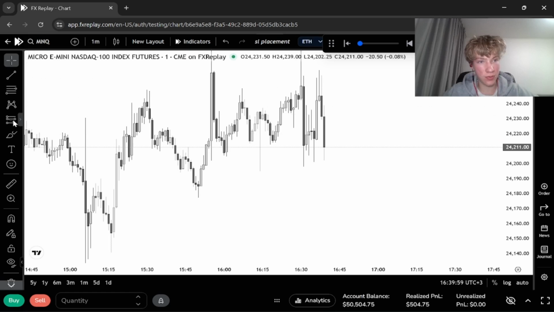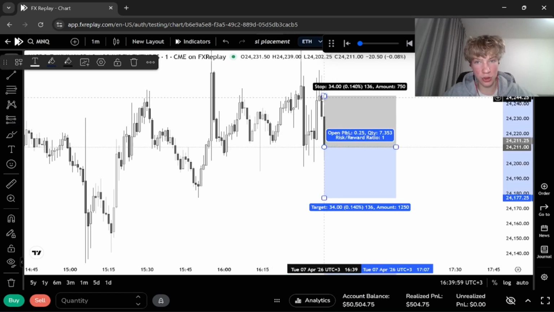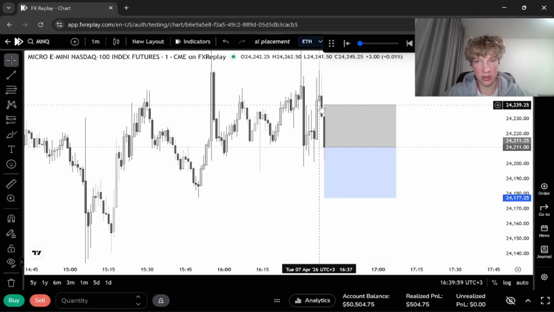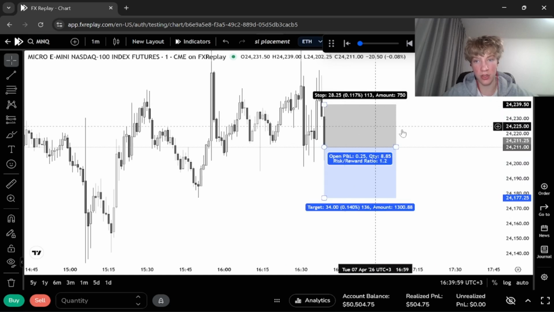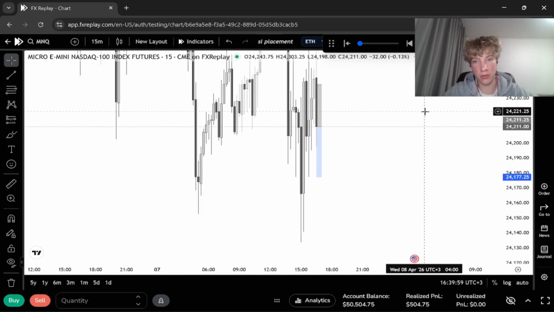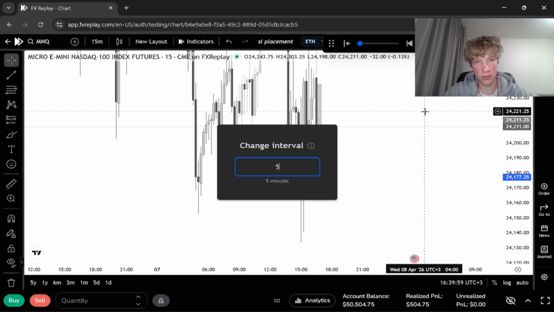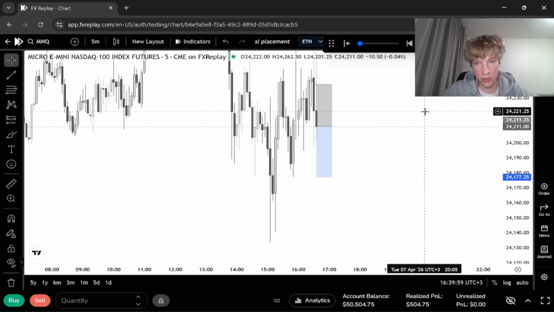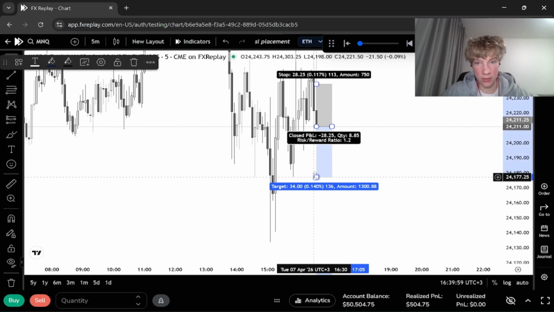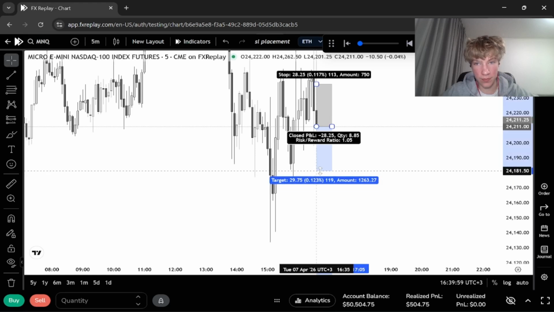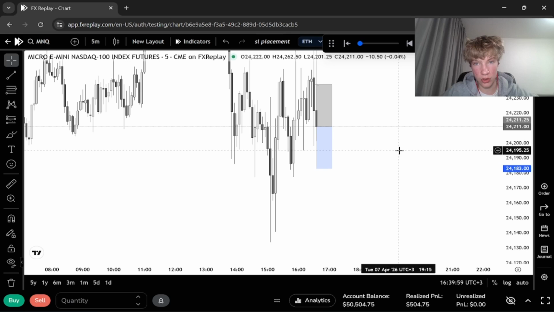Perfect. We can take them shots. Now this candle is not the biggest, so I'm going to put it at the wick. Seriously, not much to ask for.